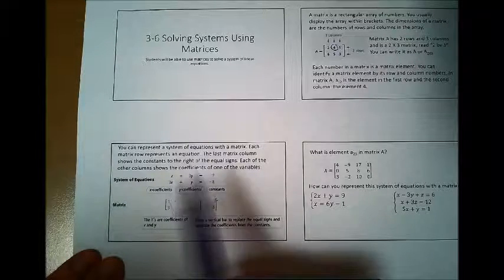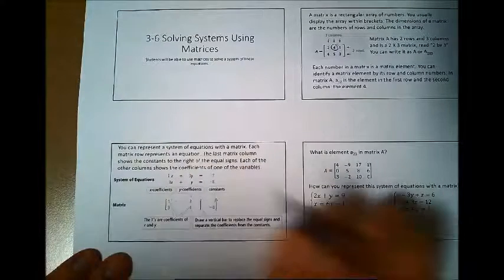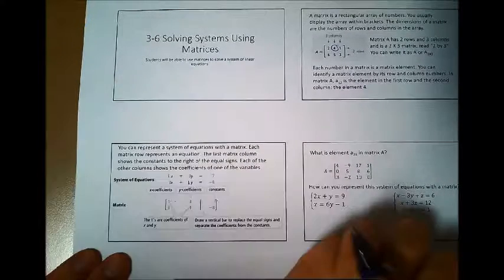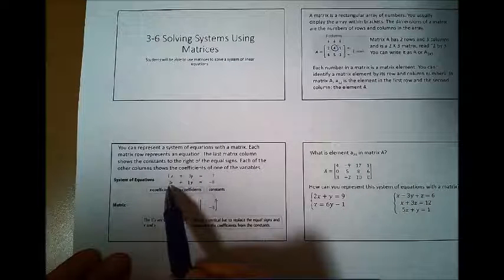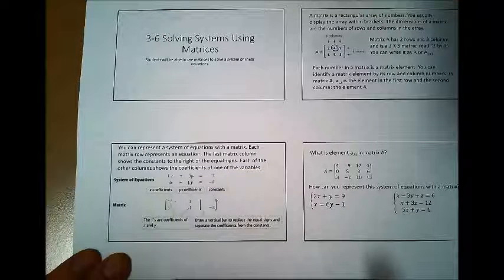In this particular example, you might notice that the coefficient of that x is 1, and the coefficient of this y is 1. And the coefficient of this x is 3, and this y is 3. Coefficient, remember, is the number in front of a variable.